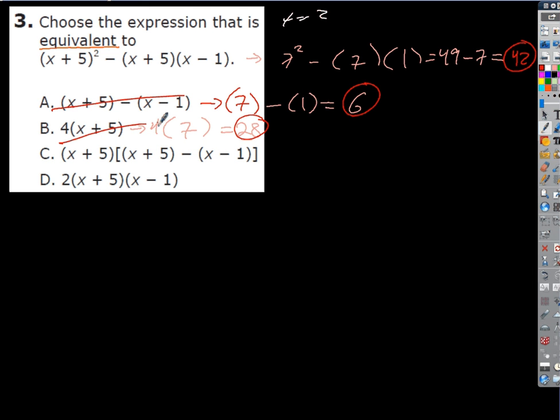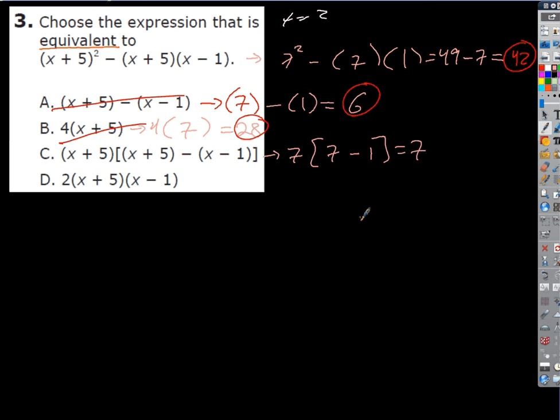Cross it off. How about this one? This one's going to give us 7 times what's inside here, 7 minus 1. So that's equal to 7 times 6.